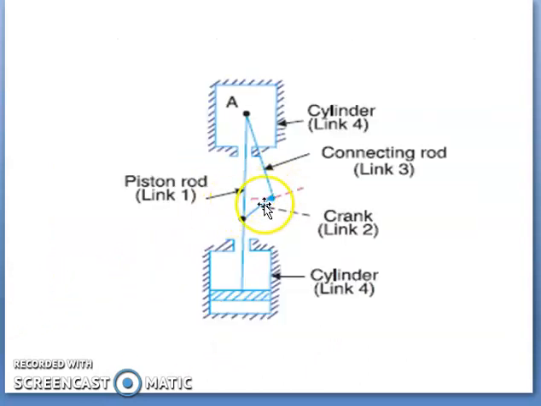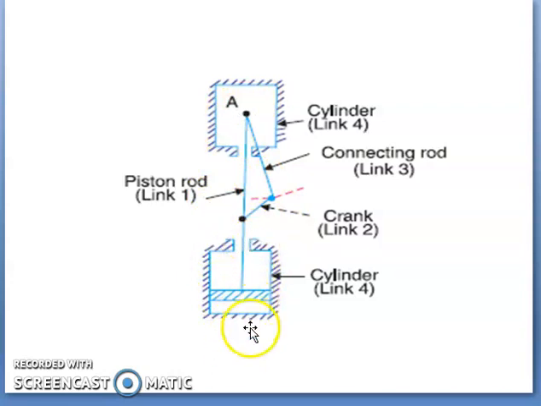You can see this is the crank and here you have the cylinder fixed. So when the crank is rotating, it causes, through the connecting rod, the piston to oscillate.